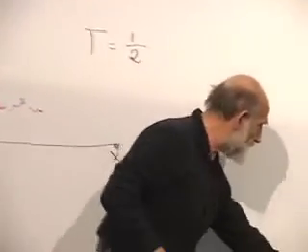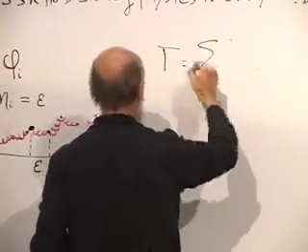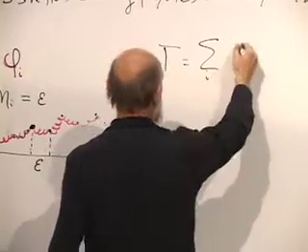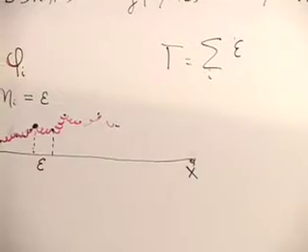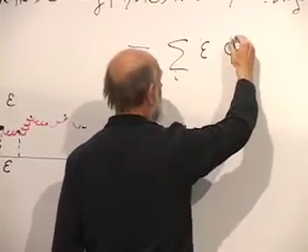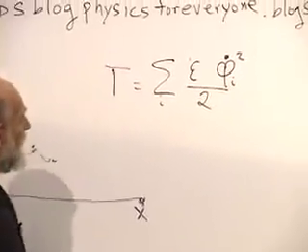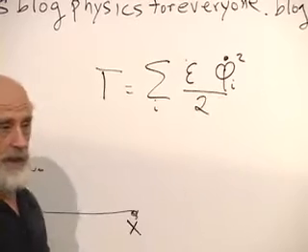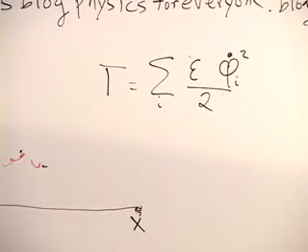We'll eventually have a summation over all the particles, the mass of the ith particle, which is epsilon, and then the square of the velocity, which is just phi sub i dot squared, divided by 2. 1/2 mass times the velocity squared. That epsilon is in a rather convenient place for later purposes.